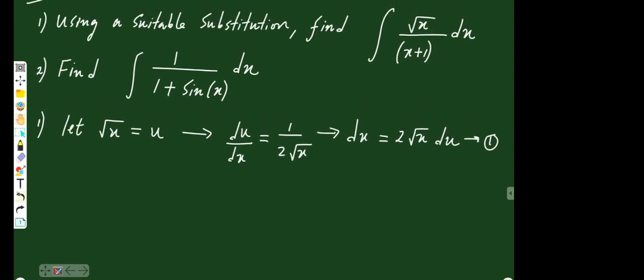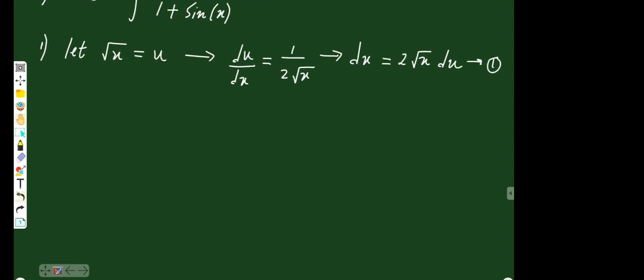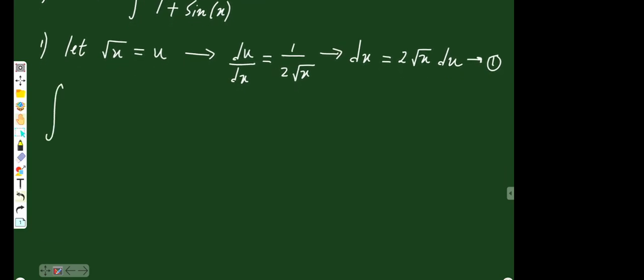Then what I have is the integration of 1 over square root of x plus 1 dx, right? So it's going to be u here, so it's going to be u squared plus 1, right?